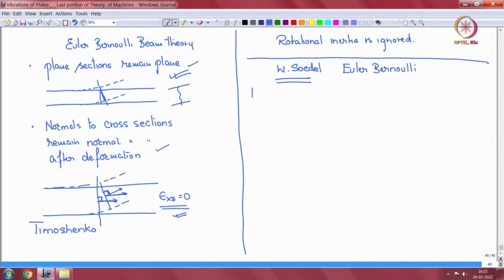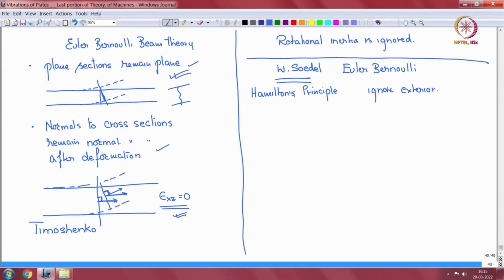We are again going to use Hamilton's principle, but in the way that Sodel does it in the book. Okay. So here I am going to for now ignore external loads. It's unimportant at this point, exterior loads. Okay.